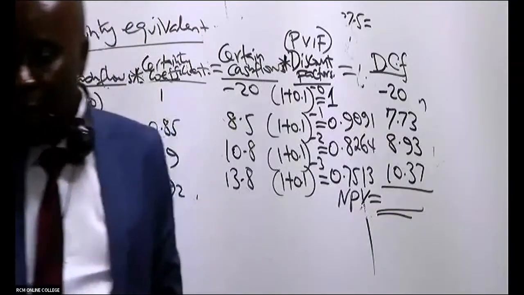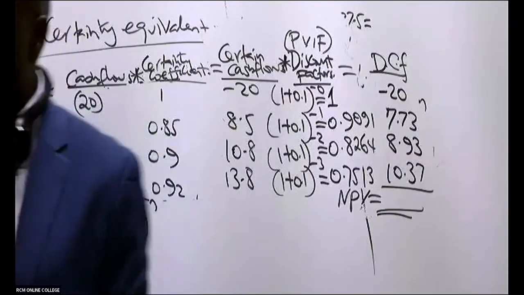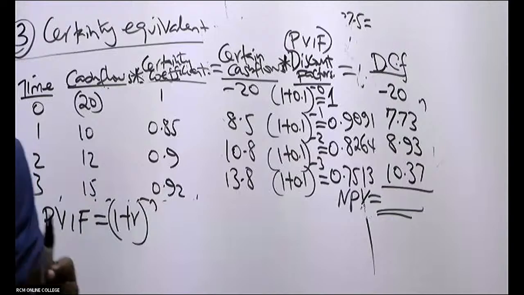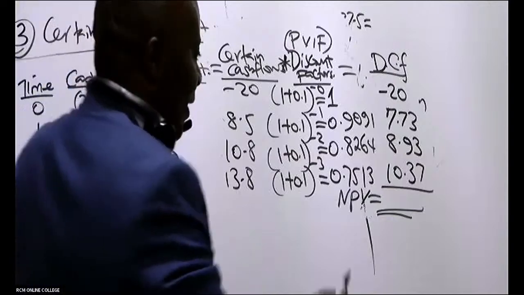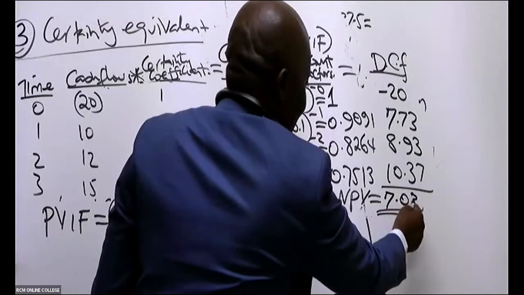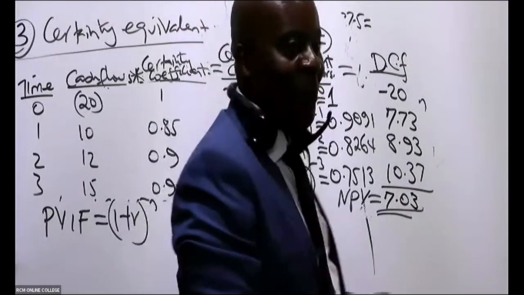So you add everything. Remember, DCF stands for discounted cash flows. It is 0.3, but you forgot to say it's viable because it's positive.